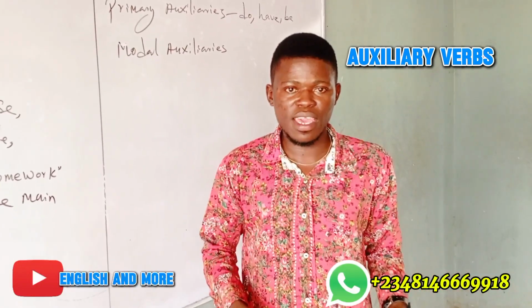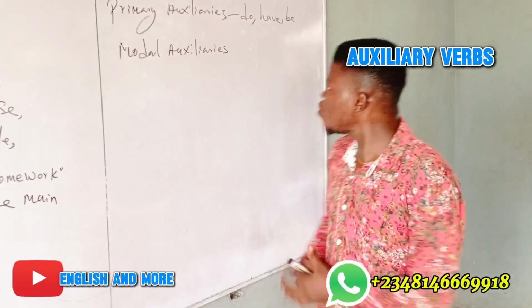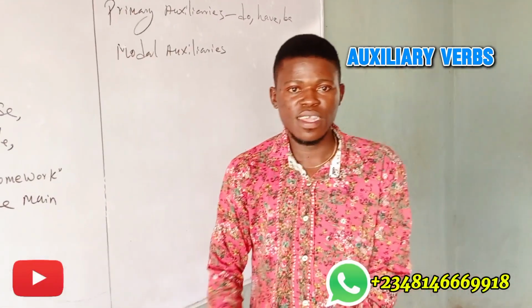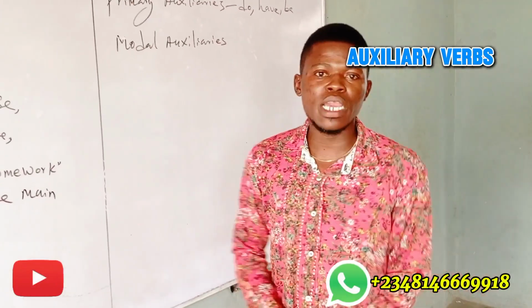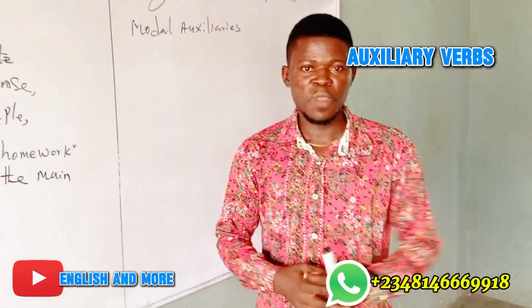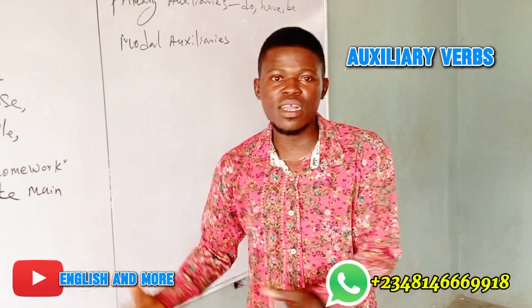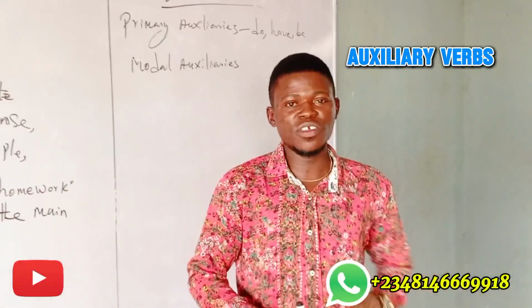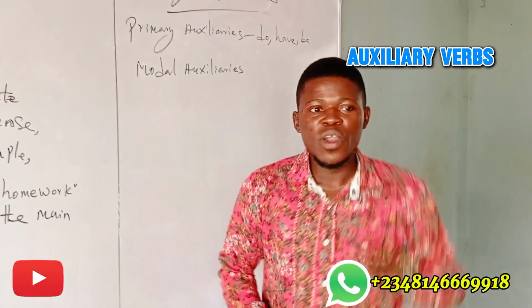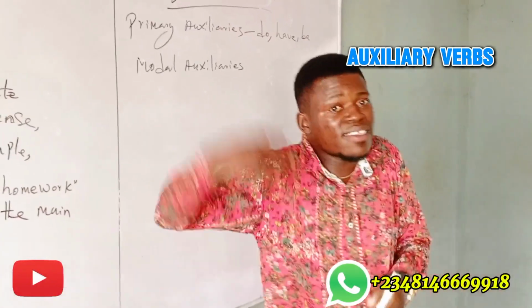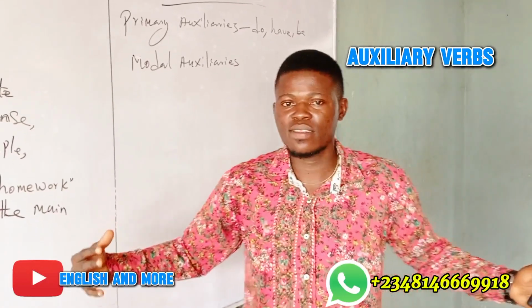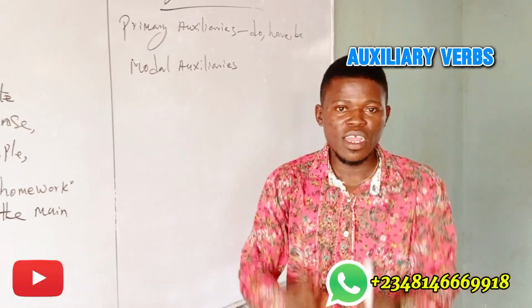Then if I want to use be as the main verb in a sentence, I have been to America 100 times. In that sentence, be functions as the main verb, while have is assisting the main verb to express tense.